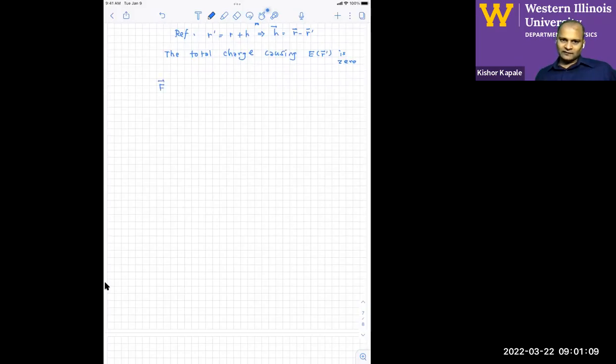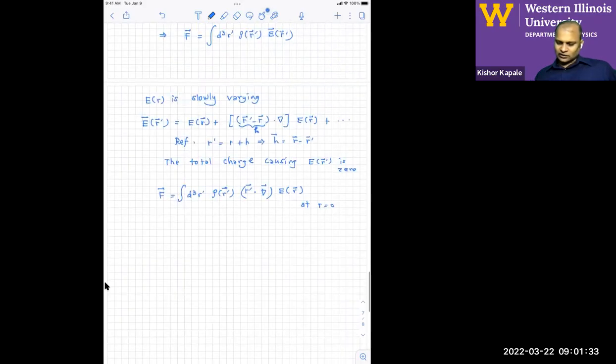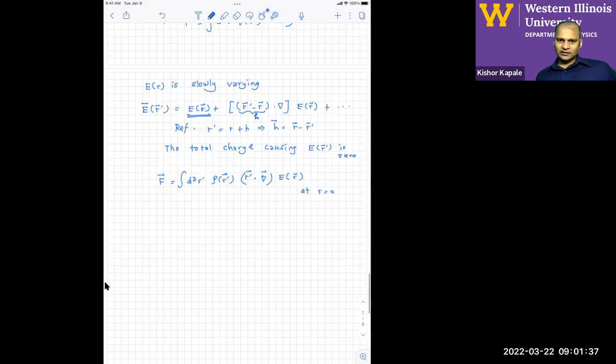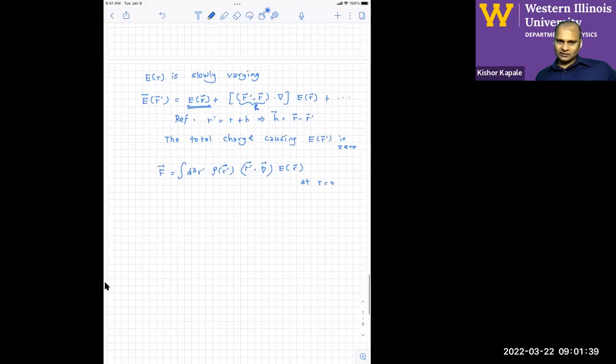So F is equal to, in that case, the integral d cube r prime, rho of r prime dotted with the gradient applied to E of r at r equal to 0. So it's only this term that's important so far.